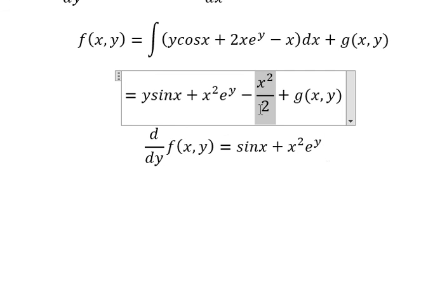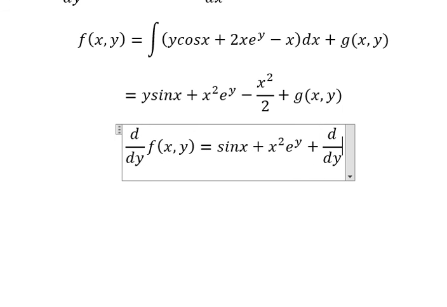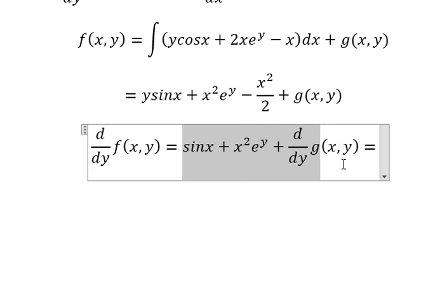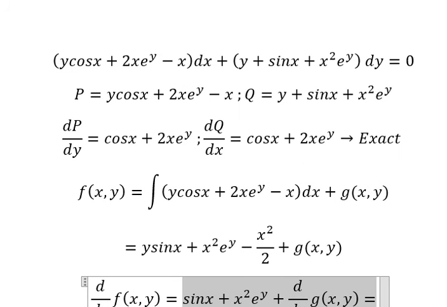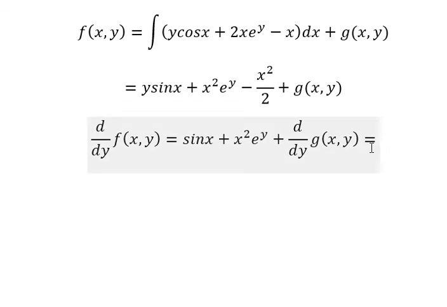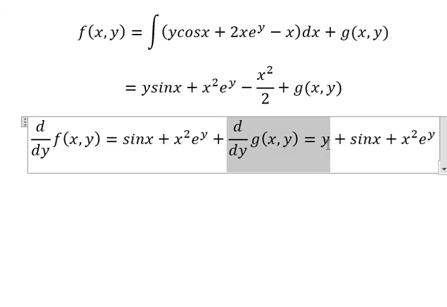This one we don't have y, so you got 0. And we know that this one is equals to this one.